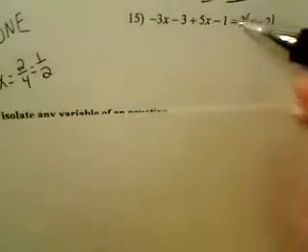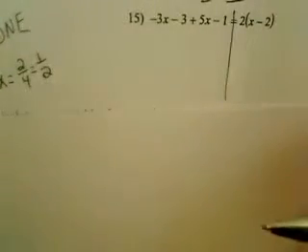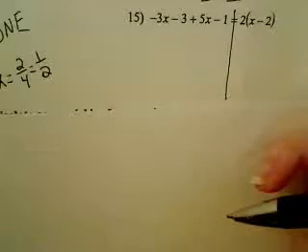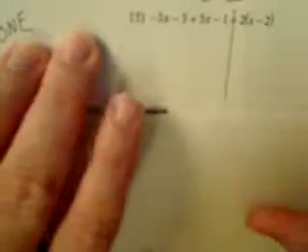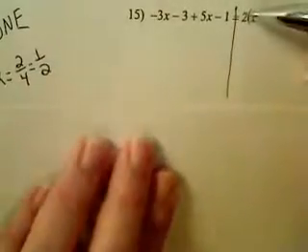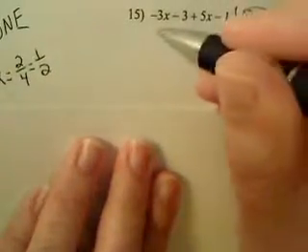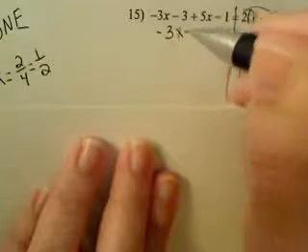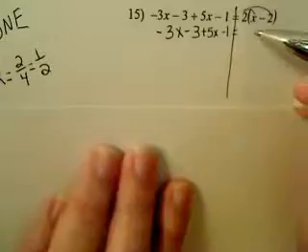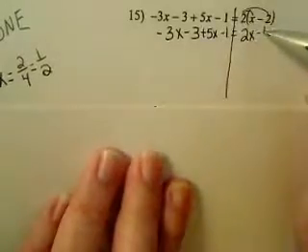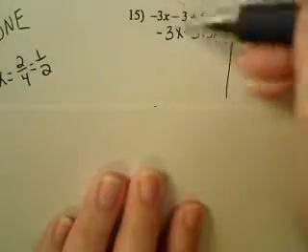Okay, let's look at number 15. Here we go. First step, distribute. So we're going to do the distributive. We are going to distribute this 2. So that gives me a negative 3x minus 3 plus 5x minus 1 equals 2x minus 4. Over here now, I'm going to combine like terms because that's the next step.